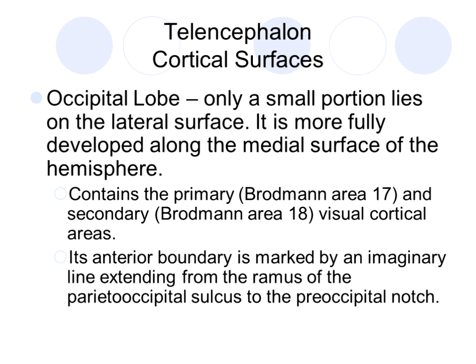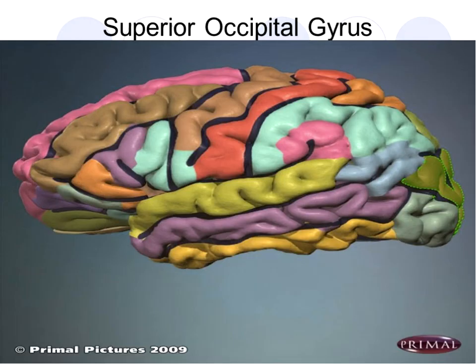Its anterior boundary is marked by an imaginary line extending from the ramus of the parietal occipital sulcus to the pre-occipital notch. That's the parietal occipital sulcus. What you can see here is the superior parietal gyrus back here. Not a lot of it is seen, like I said, in the lateral viewpoint.